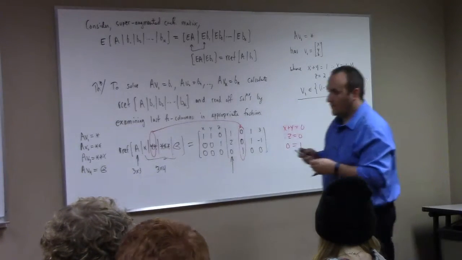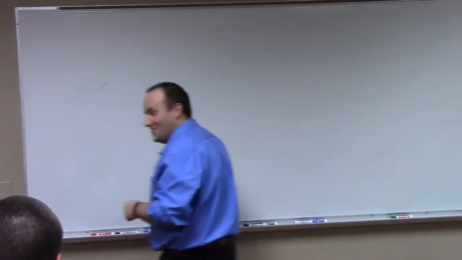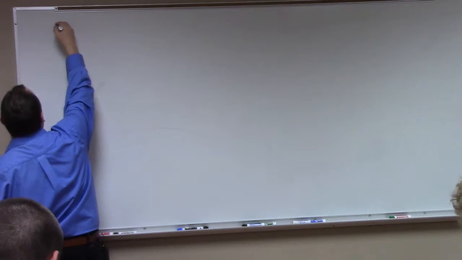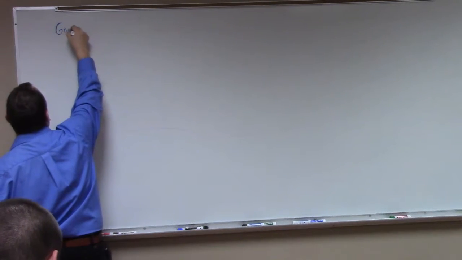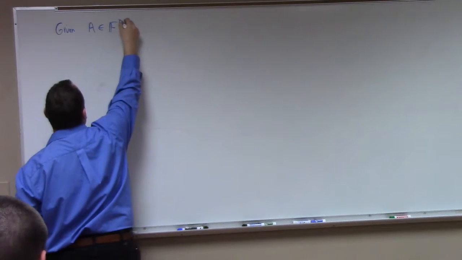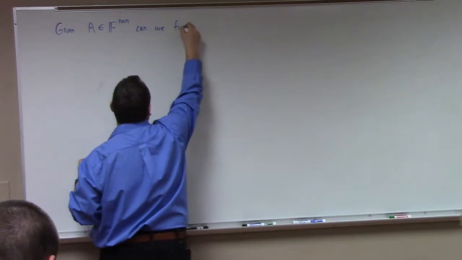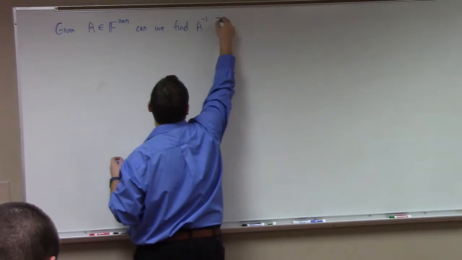Okay, so as tempting as it is for me to actually do that, let me go on. So here's the question. Given A, which is, say, an n by n matrix over a field, can we find A inverse?